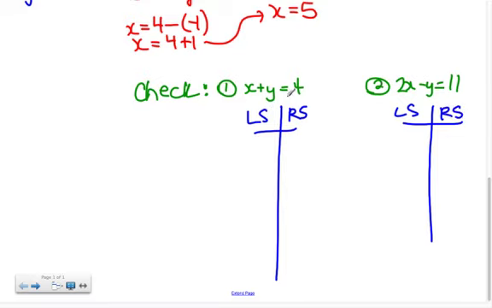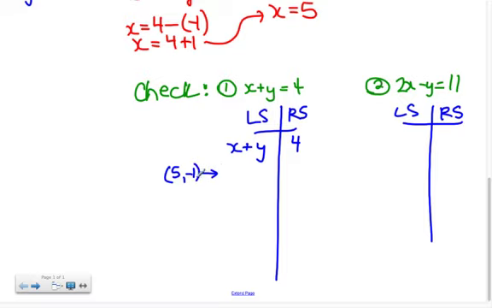What was originally on the left-hand side here was x plus y. And what was originally on the right-hand side was 4. And notice I'm not putting equal 4 because I'm seeing whether when I sub in the values I got for x and y, it makes this true. Because if it doesn't make this true, I've made a mistake somewhere. If it makes it true, I know I've got the right answer. So now I'm going to sub in the point 5, -1, because that's the point of intersection that we found.